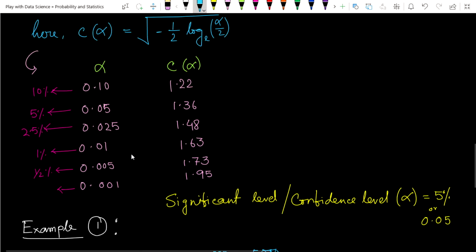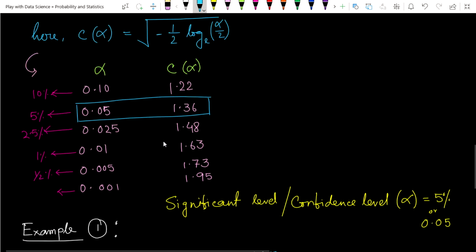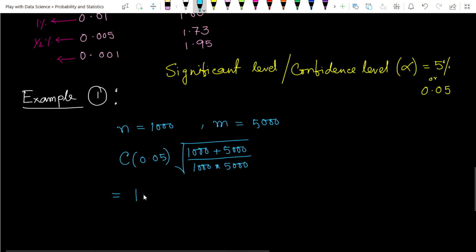What is the value of C of 0.05? It is 1.36. So this value is 1.36 times that root.